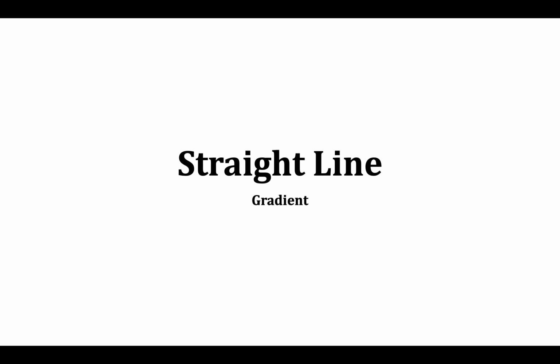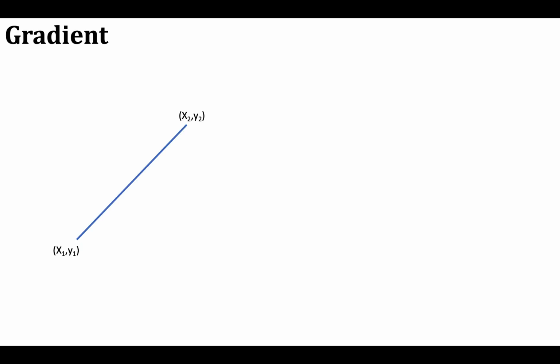In this video, we're going to study gradient a bit further than we have before. So let's just recap a wee bit what we already know. Given a line which joins 2 points, x1, y1 and x2, y2, we can already find the gradient by examining the shift in the horizontal and the shift in the vertical.